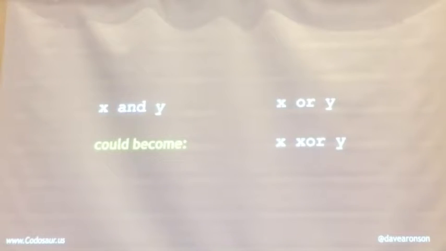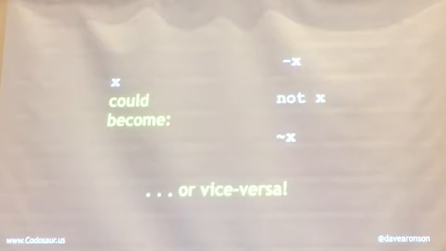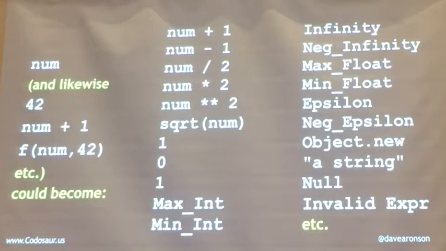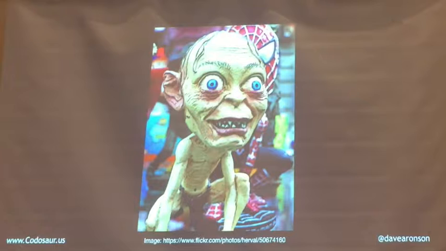It could change a logical or bitwise operator from one to another. It could insert or remove a mathematical, logical, or bitwise negation. It could change a constant or variable or expression or function call to some other value. It could even change it to something of an entirely different and even incompatible type, such as changing a number to a, if I may quote Smeagol, string or nothing.